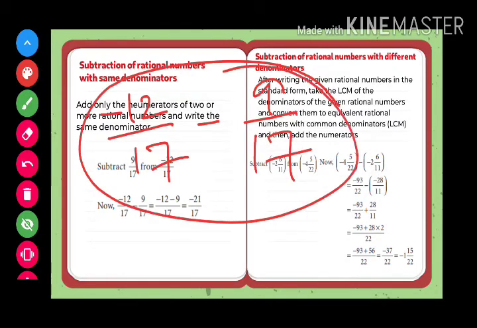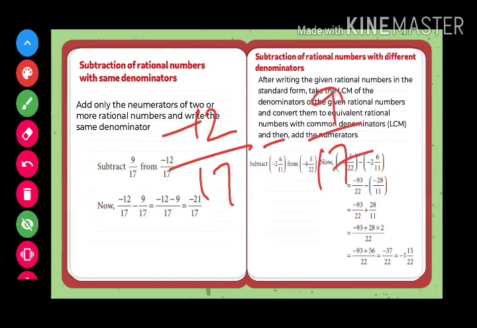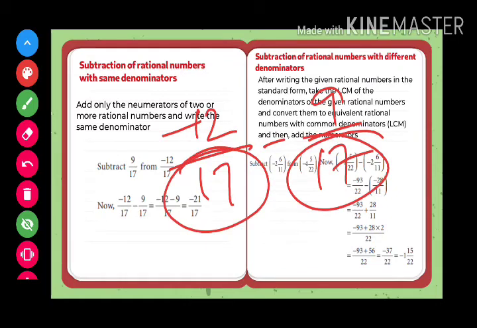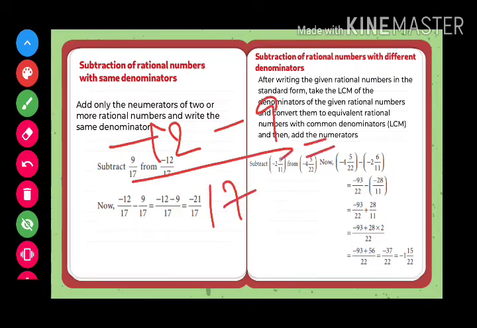Okay, so that is what 'from' means. From means we should write the second number first. So minus 12 by 17 minus 9 by 17. Since both the denominators are same, we can subtract the numerators and put the common denominator, which is minus 12 minus 9 by 17, which is minus 21 by 17.